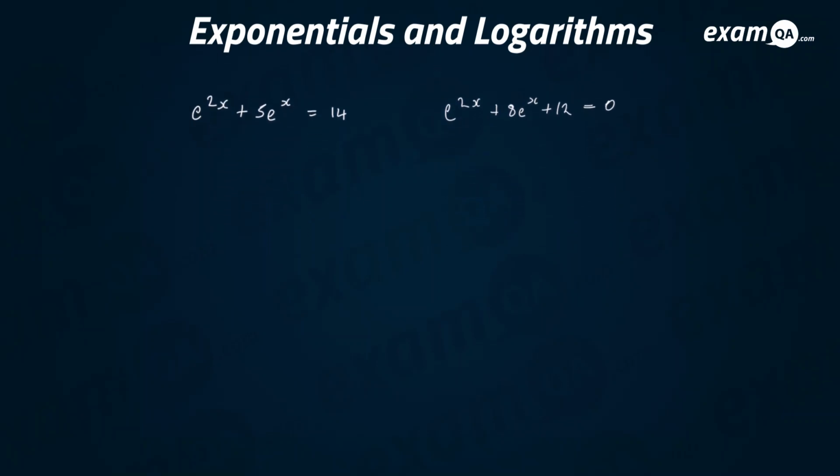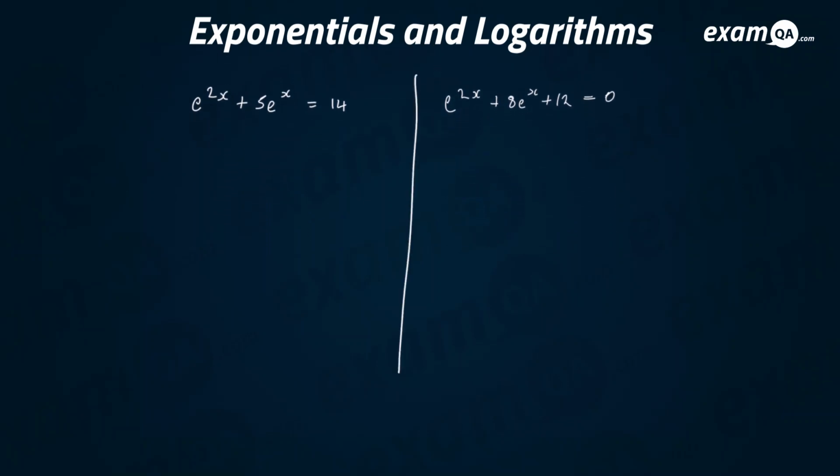Now, sometimes you might end up with these kinds of questions. What you have to identify is that this is really a quadratic in disguise. So we can turn this into a quadratic, and I'll show you why. As soon as you see the power of 2x and the power of x, you have to realize that this is a substitution question.